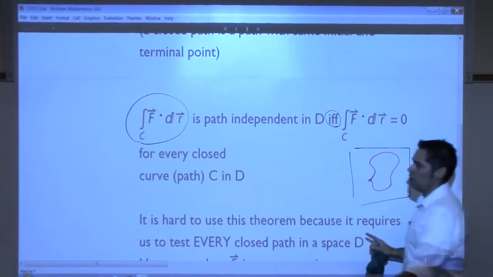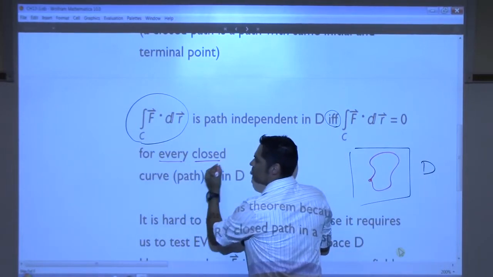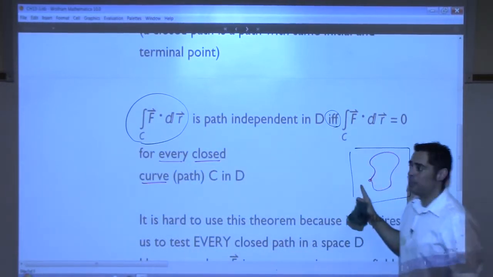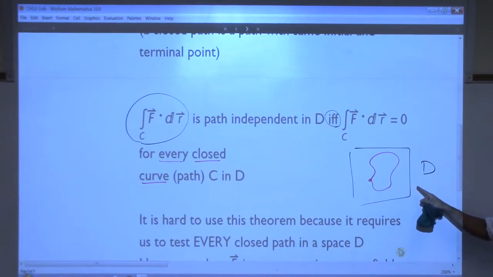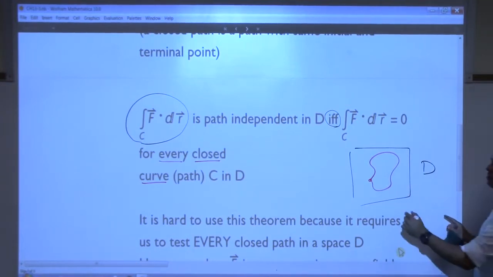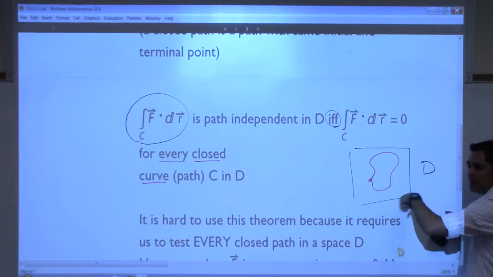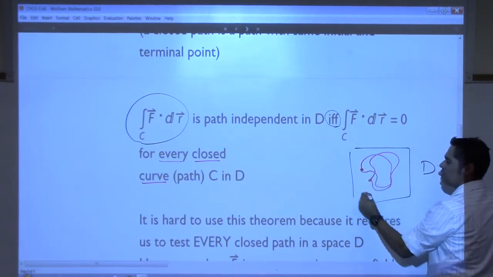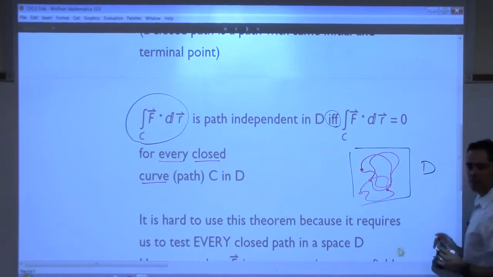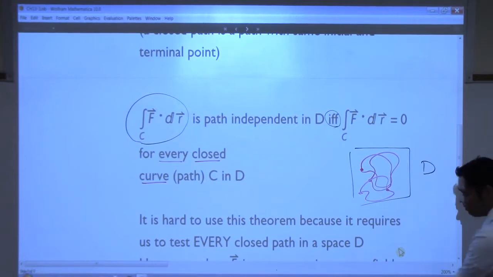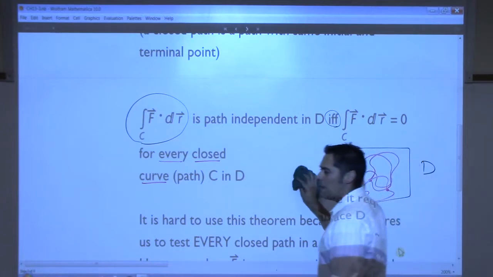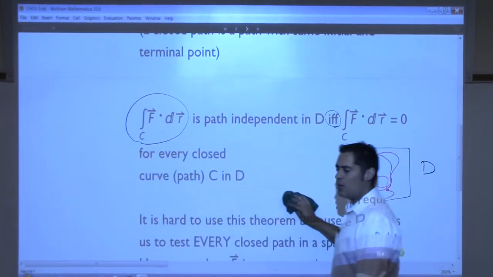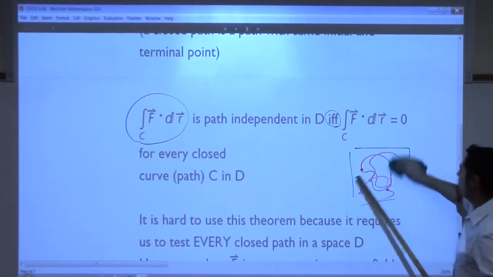This has to hold for every closed curve that I could possibly draw inside this space. Just because it holds for one curve inside of here does not mean it's path independent. It has to hold for every single closed curve that I could ever draw, and that's impossible for me to ever do, right? Go with me? So that theorem, although it's nice, does not help me because I'm never going to be able to check every curve inside of some domain.